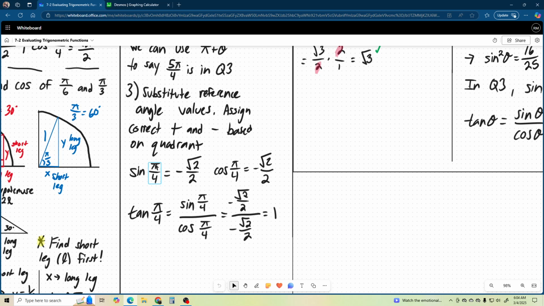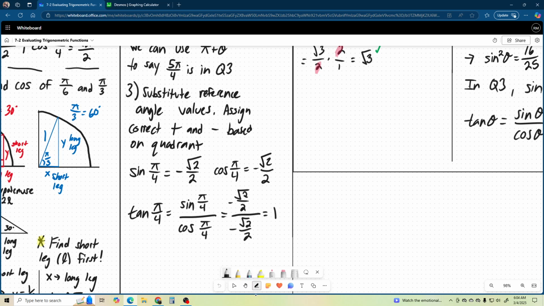So the sine of pi over 4, remember that was square root of 2 over 2, right? But now it's going to be negative square root of 2 over 2 because we're in this quadrant. Cosine of pi over 4, right? This should actually technically be 5 pi over 4, which would be more accurate here because these are in the quadrant that we're looking for.